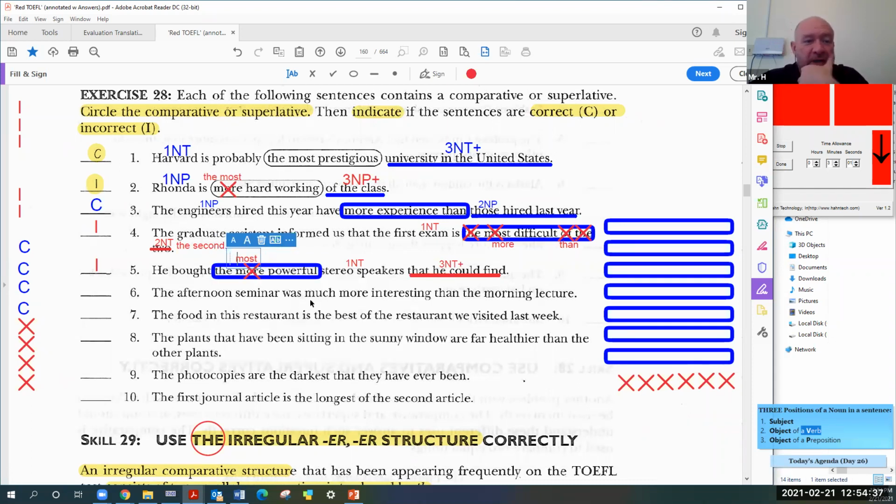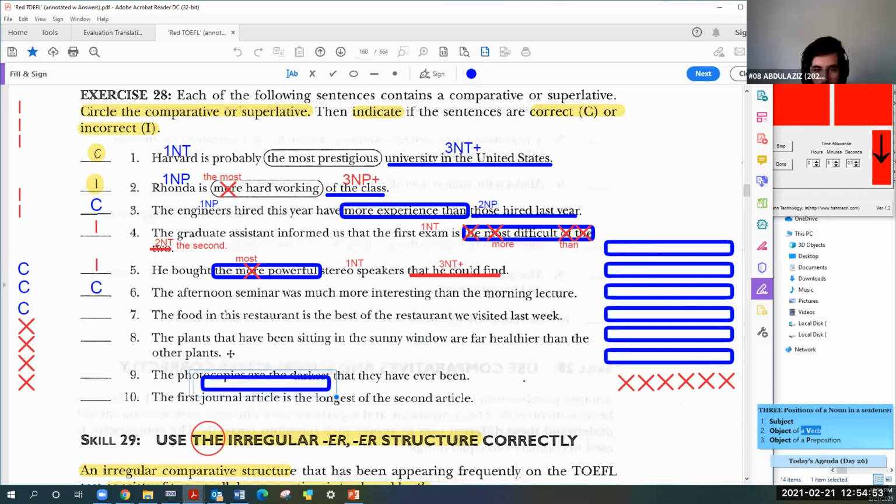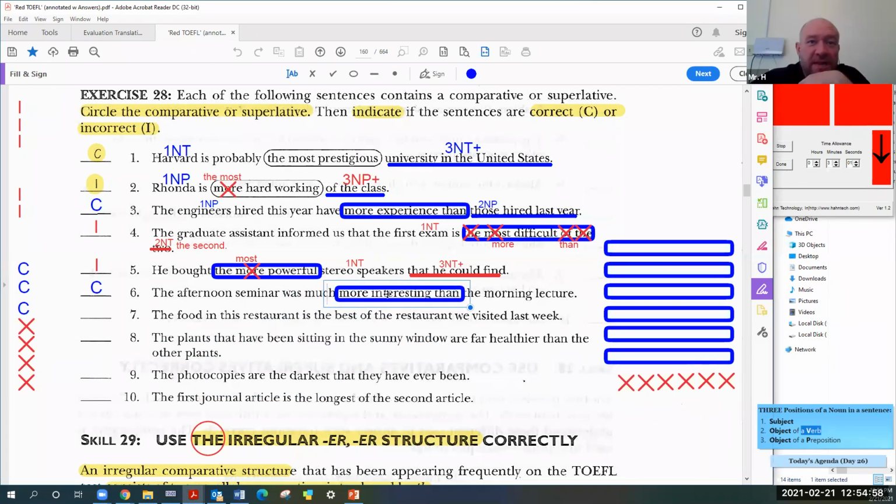All right, number 6, Abdulaziz. Correct. The afternoon seminar was much, where do I put the circle? More interesting than. More interesting than. Okay, what are we comparing?